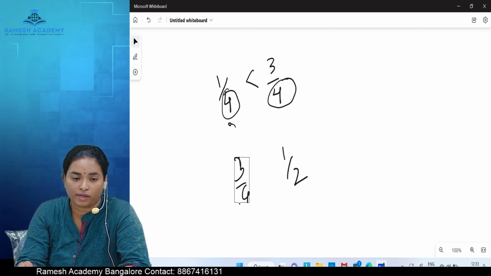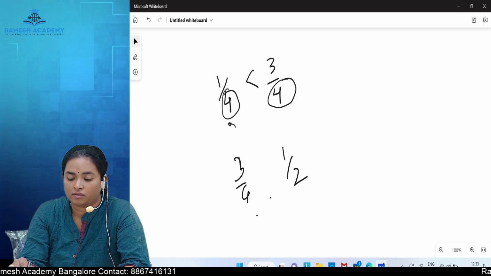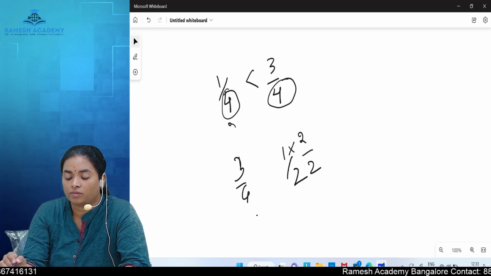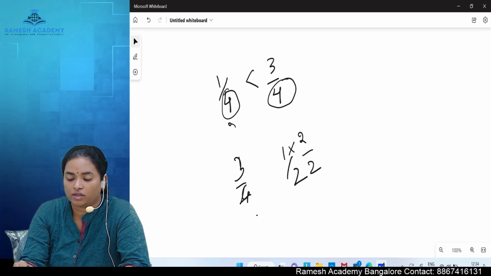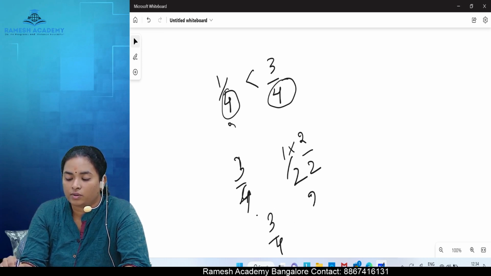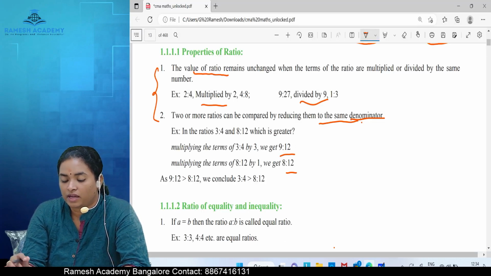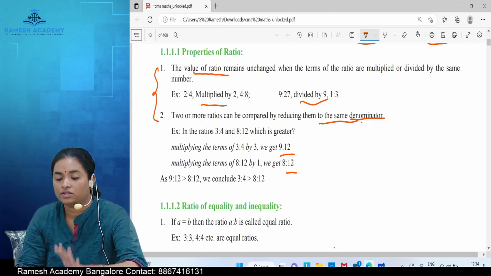This is obviously bigger, but in the other way you need to convert it into the same denominator every time. Make sure the denominator is the same. So 3/4 and 2/4. Now you will say this is greater than this. Clear? This is done with the properties.